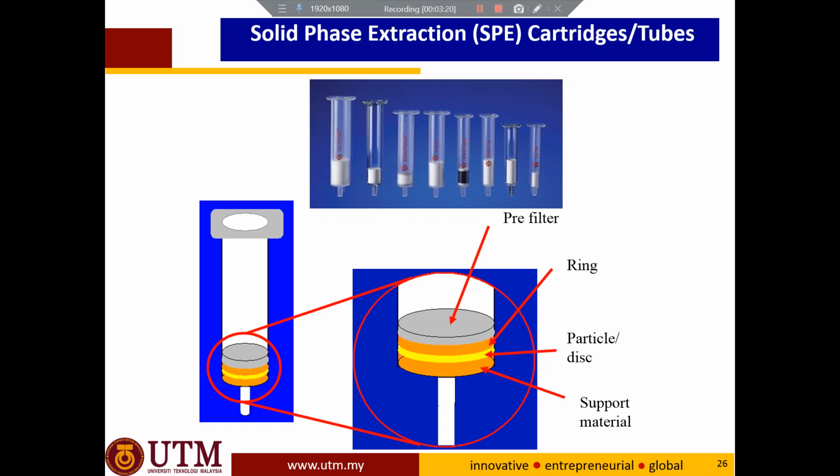If you want to extract a non-polar compound, you need to use a non-polar solid phase extraction particle. If you want to extract an ion of the compound or element, you need to use a charged particle.